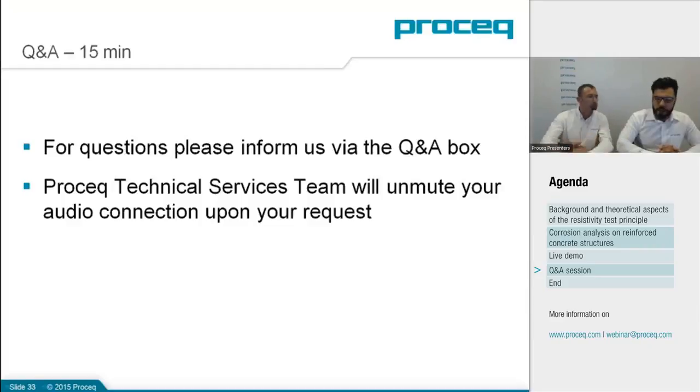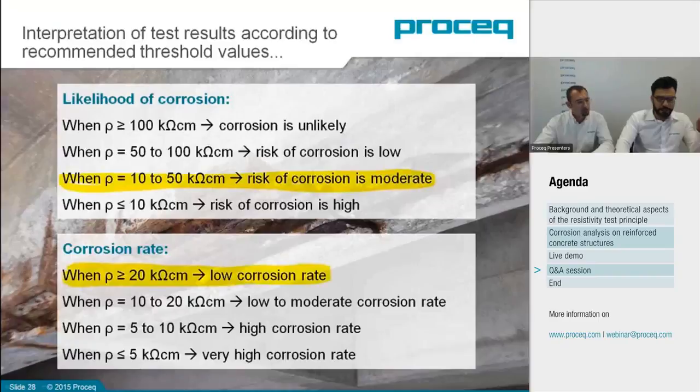Brilliant, thank you. By measuring resistivity and half cell together, is it possible to calculate the corrosion rate? There's no such thing as a direct exact calculation, but you can estimate according to literature and comparison. Exactly. The numbers that we showed you on the screen, I can go back to that slide, for example, here.